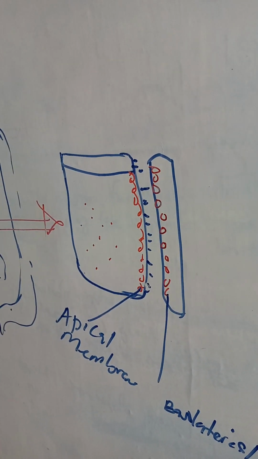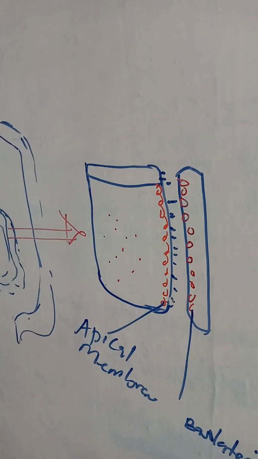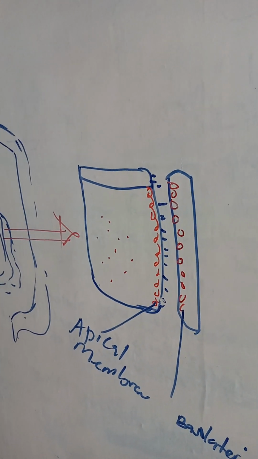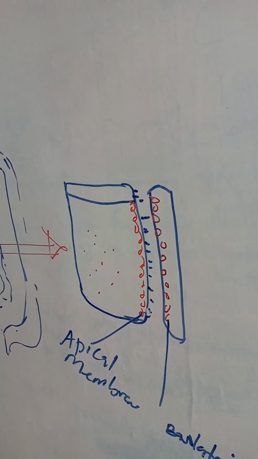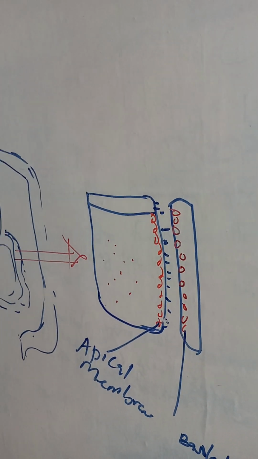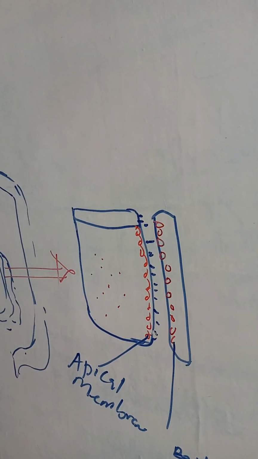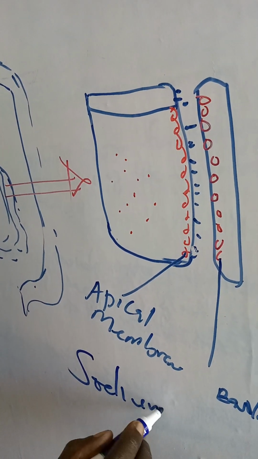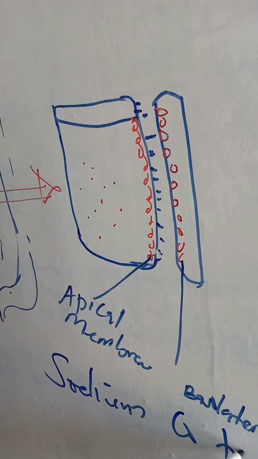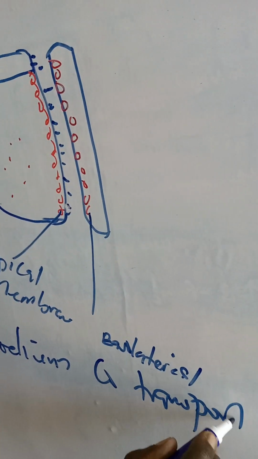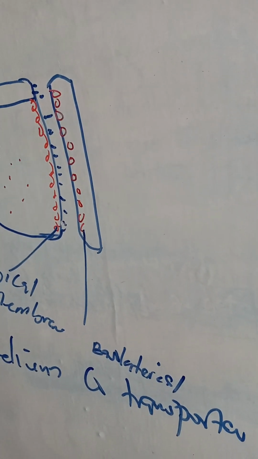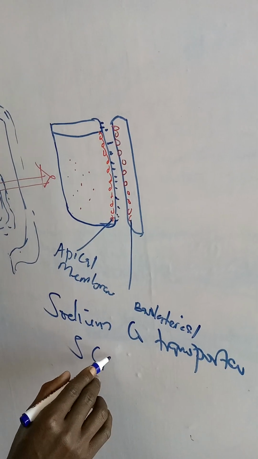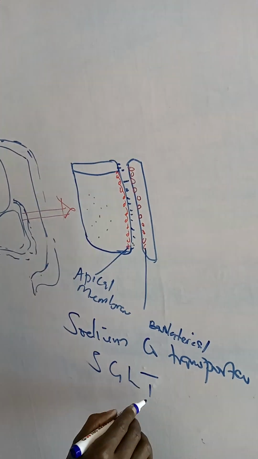Now, this is your glucose. The glucose is going to cross these two membranes to reach the blood by a process known as the sodium glucose co-transporter, sodium glucose linked transporter 1.